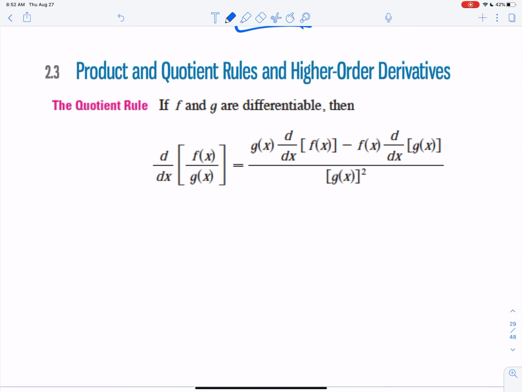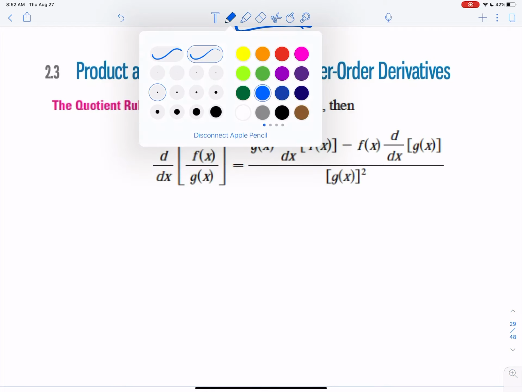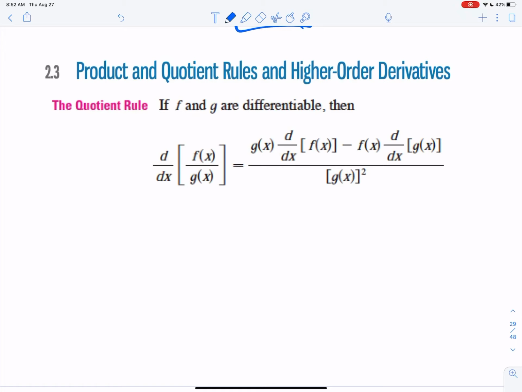Here's the next rule, the quotient rule, okay? It's lengthy, so let me rewrite this for you guys so that it's easier to understand. D over dx, and instead of the f of x and g of x, I'll just write f over g. So notice when you're dividing here, you have a quotient.